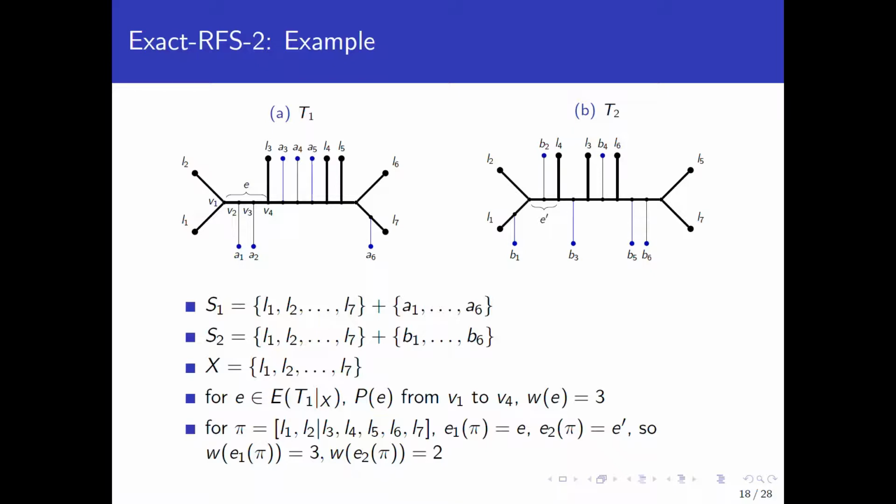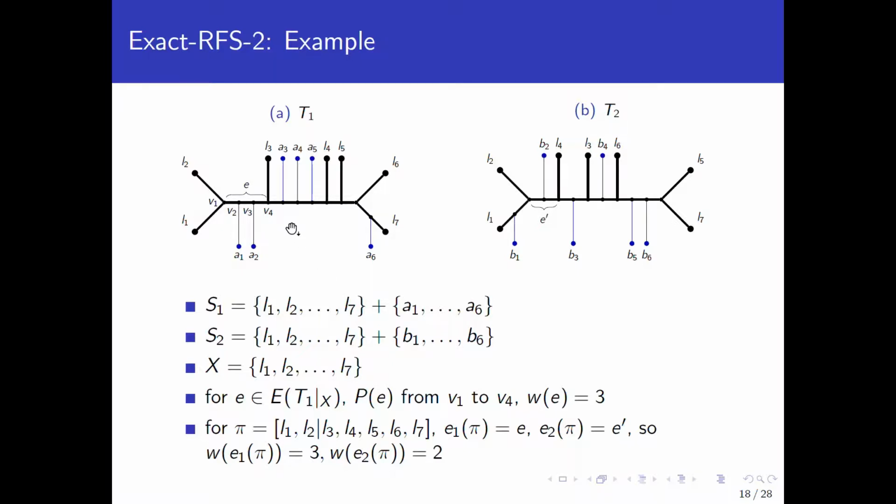For any edge in the backbone trees, we associate a path with it and then use the length of the path to define the weight of that edge. For example, the edge E in the backbone of T1 corresponds to an edge from V1 to V4 in the original tree T1. So it's a path of length 3, which means the weight of edge E would be 3.